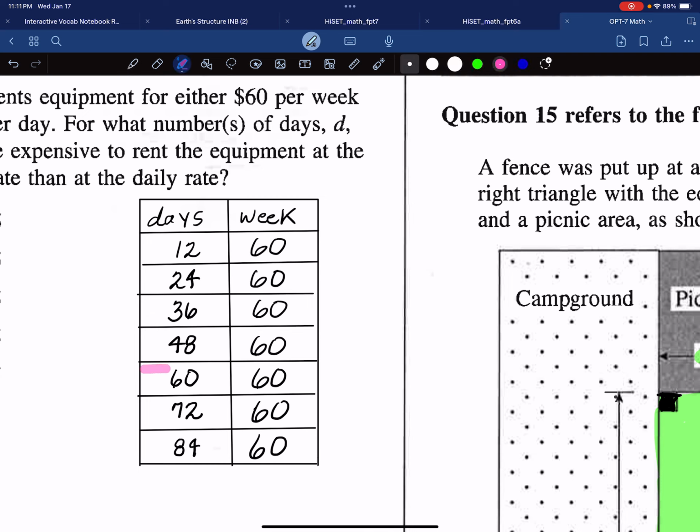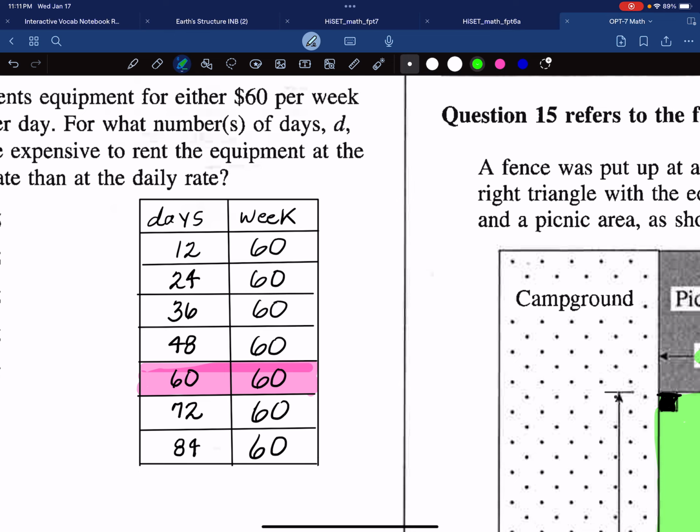So on the 5th day, it really doesn't matter if you do the weekly or the daily. If you know that you're going to need this equipment for 5 days, you can pay the daily rate or you can pay the whole week. You will pay the same amount.